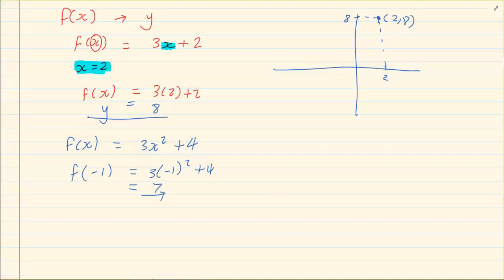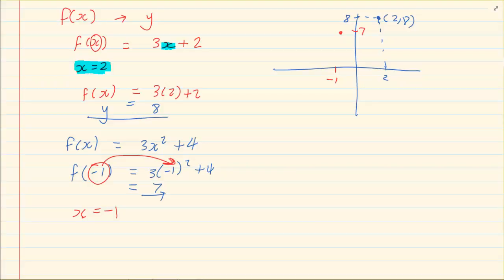My coordinate would be -1 and 7. So I have my dot there. You could continue like this. What I'm trying to emphasize is that if I give you x, so I give you that x is equal to -1, to get my y, you must substitute into the original.